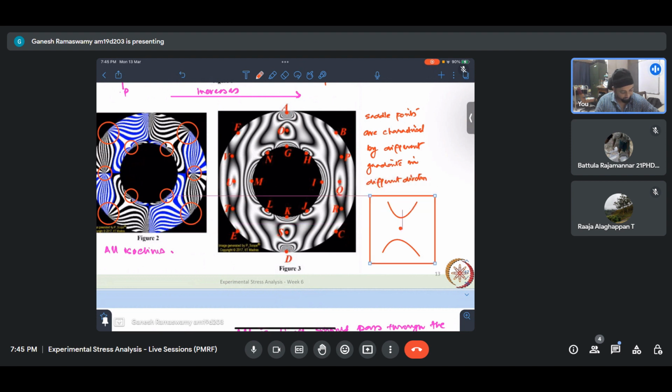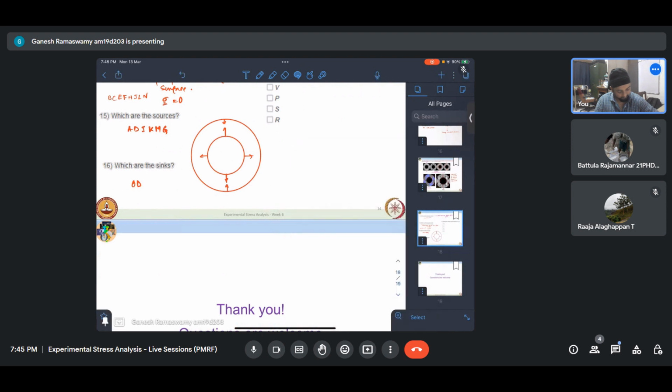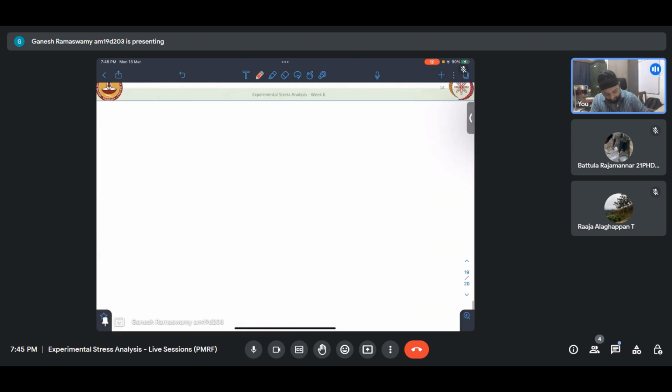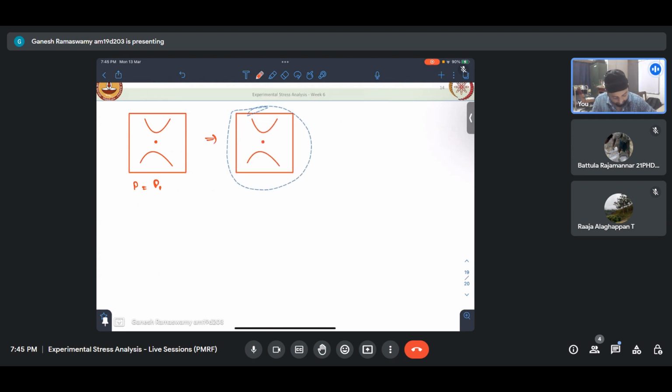I'll just take this out and try to explain it. For a saddle point, for P equal to P1, now when I increase the load, these would merge. These would have merged like this for P equal to P2.